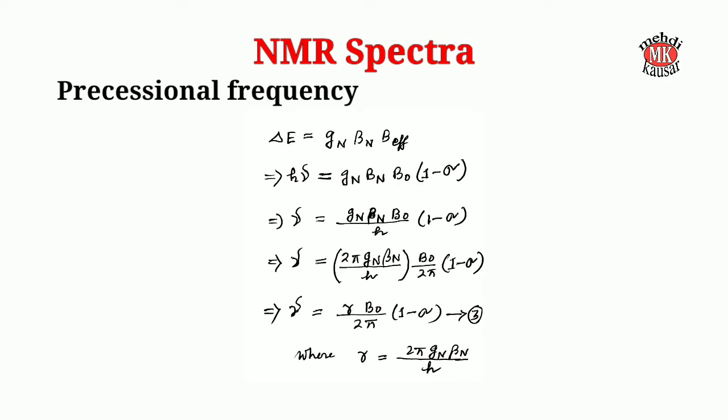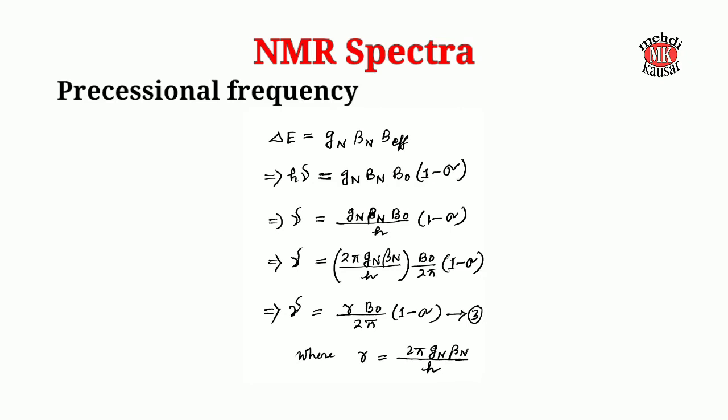Now simplifying this, we get 2πGβn/h into B0/2π, which can be written as ν = γ(1 − σ)B0/2π, where γ is a constant given by γ = 2πGβn/h.